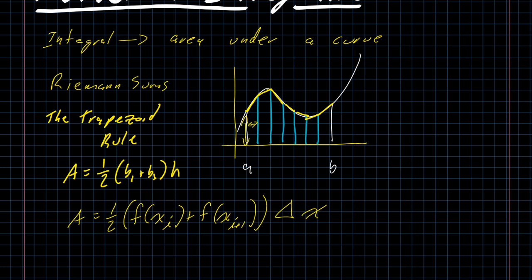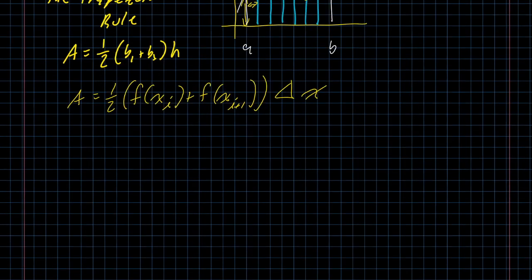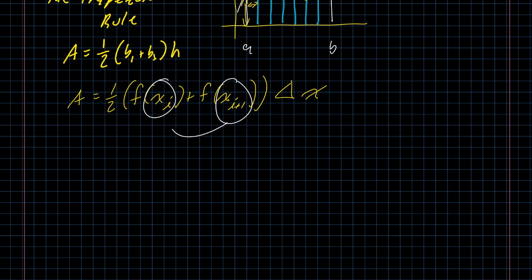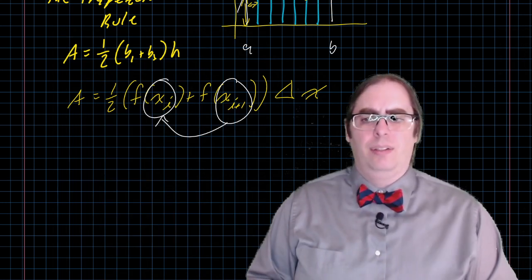And then if you stare at that for long enough, you realize that you can actually make some simplifications out of this. xi plus 1 is going to become xi in the next term, and you've got this 1/2 that's going to cancel out when you add all of these things together. And there's a fairly nice formula for dealing with the trapezoid rule by hand.